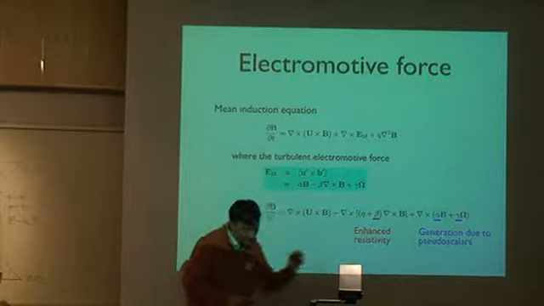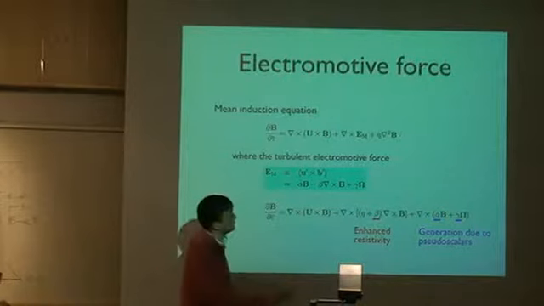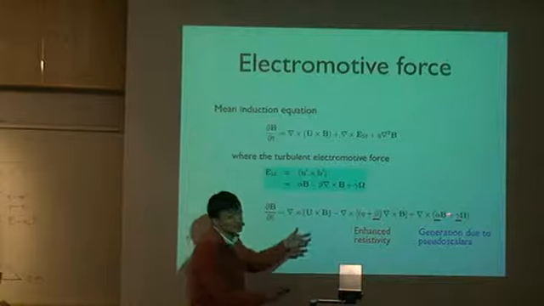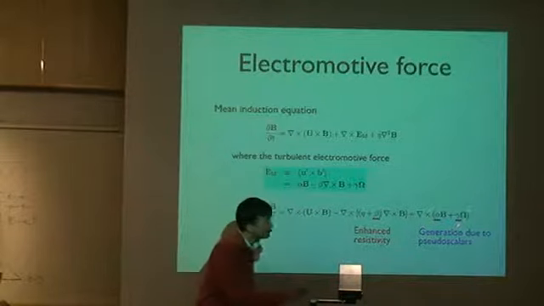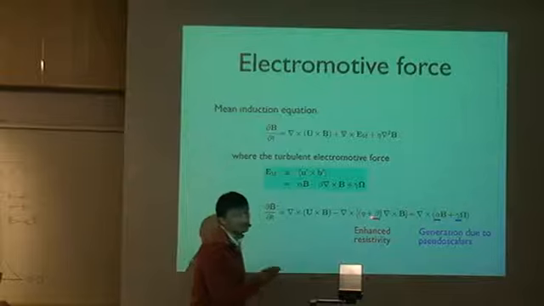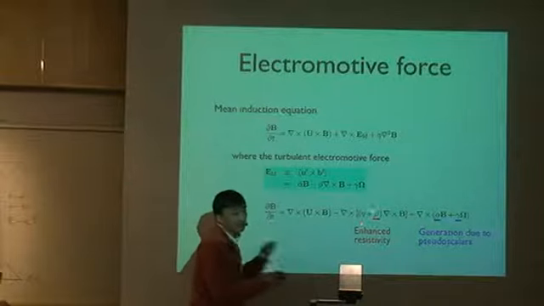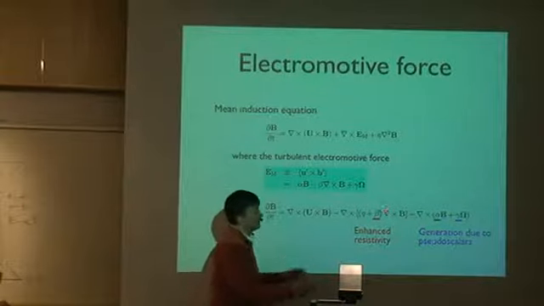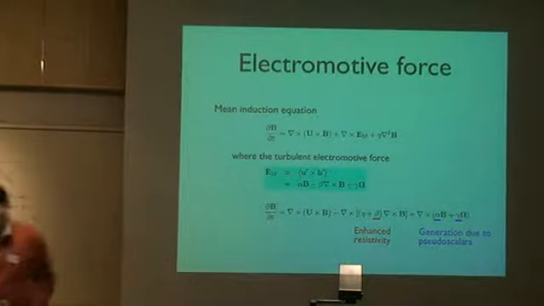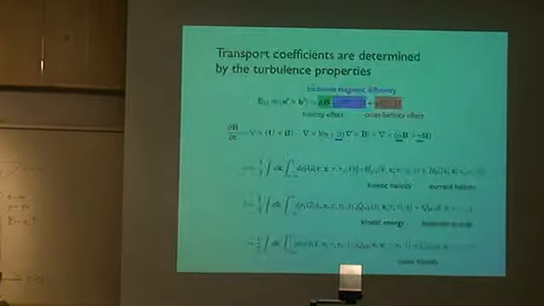But if we have some additional symmetry breakage, then we may have helicity or cross helicity. In such a case, we have this type of contribution. So this enhanced resistivity can be balanced or sometimes overwhelmed by this effect. That's very important.